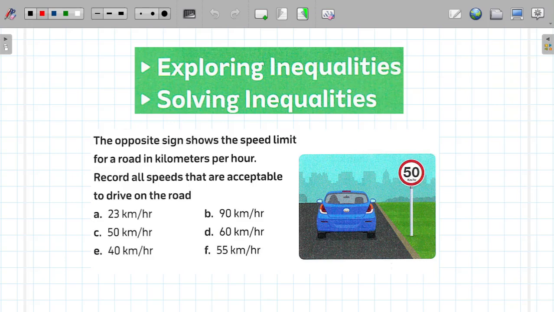Our lessons today are the second and third lessons of the fourth unit of the sixth grade curriculum of the academic year 2024-2025. And this unit talks about equations and inequalities. We talked in the previous lesson about the definition of equation and how to solve it.